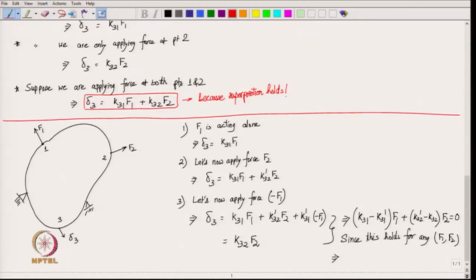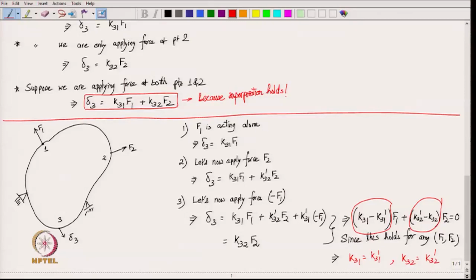So, that means these coefficients have to be 0, which implies K31 is equal to K31 prime and K32 is equal to K32 prime. All right.